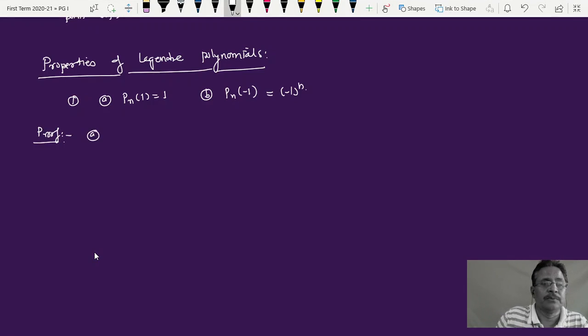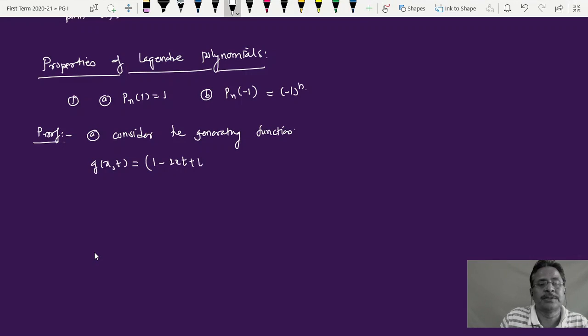First, consider the generating function. What is the generating function? We have written earlier, G of x, t is equal to 1 minus twice xt plus t square raised to minus half.